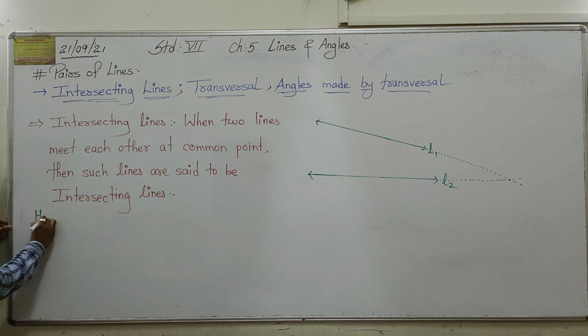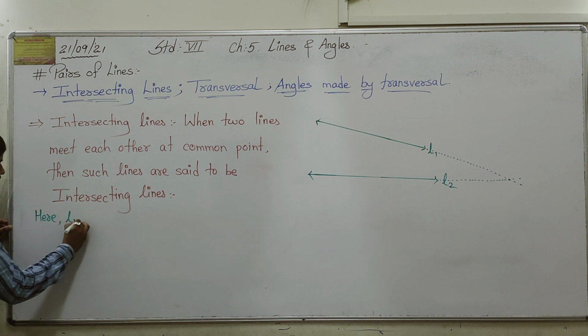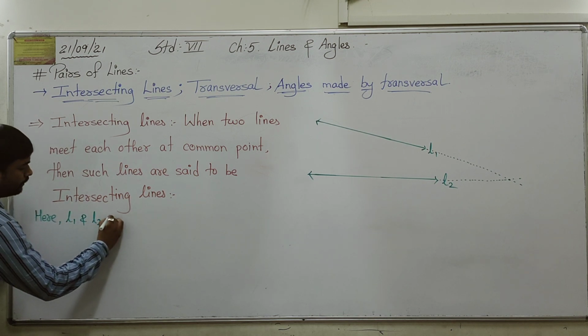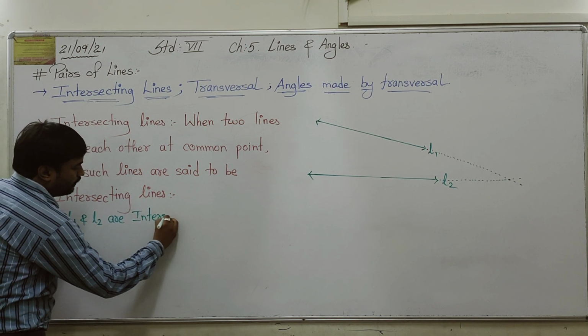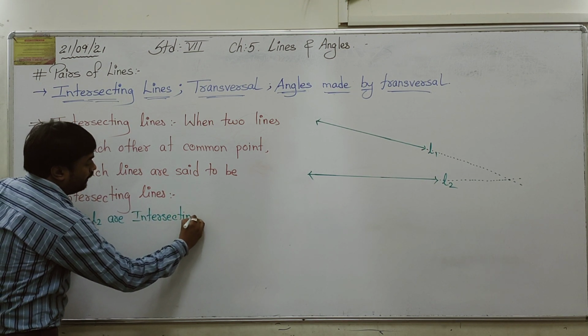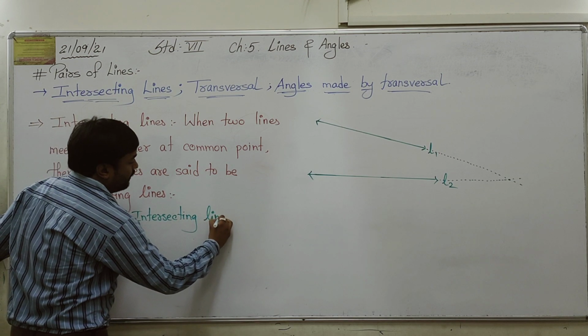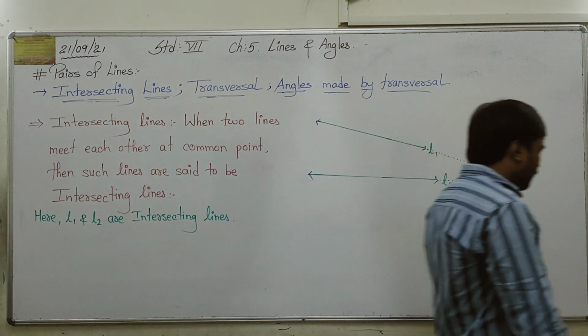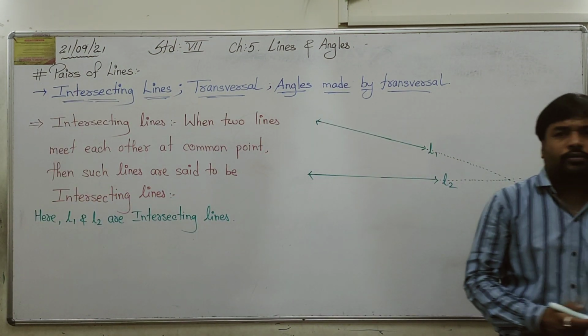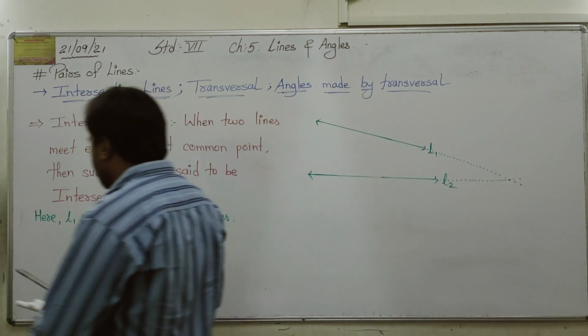So here L1 and L2 are intersecting lines. Got it? Now let's talk about the second one, that is transversal.